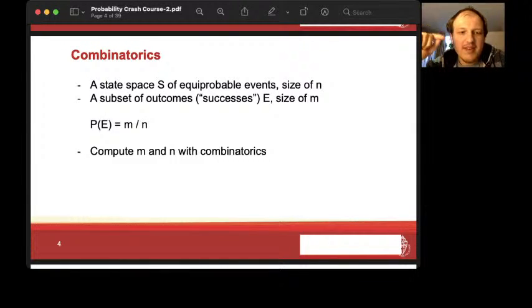So you divide this space into the things that you care about and the things that are not so interesting, and then you want to find the probability of the things that you care about. So like coin tosses or dice falling on certain pips, or a hand in poker or anything like that. And if you have very simple examples, then you can compute. The easiest way to compute that n and m is with combinatorics.